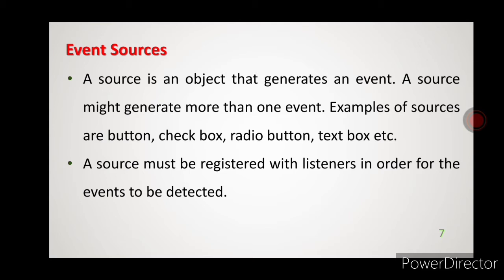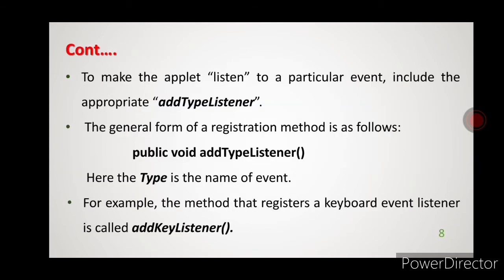A source must be registered with the listener in order to detect the events. We have already seen this in the delegation event model. To detect an event, a source must be registered with the corresponding event listener. To make the applet or application listen to a particular event, we need to register, which means the event source must be registered with the event listener.